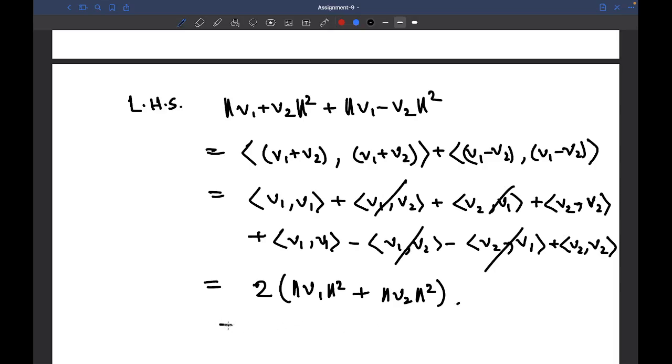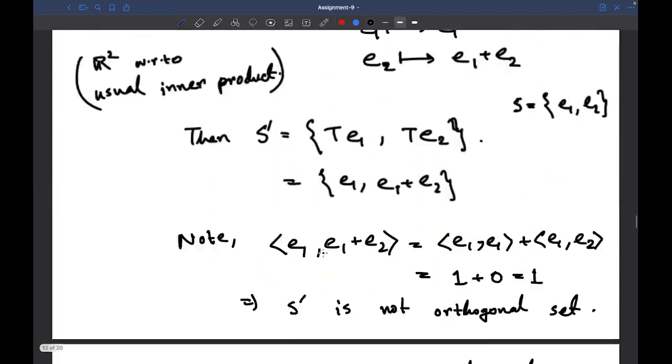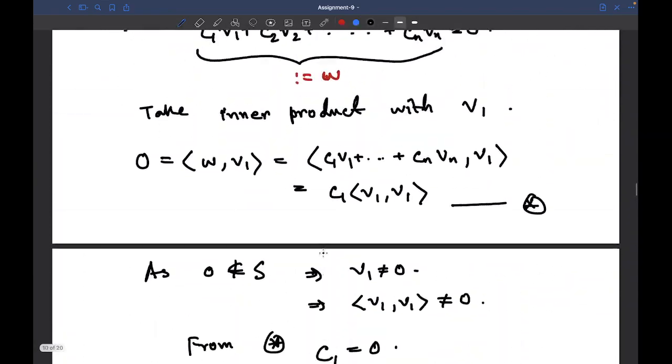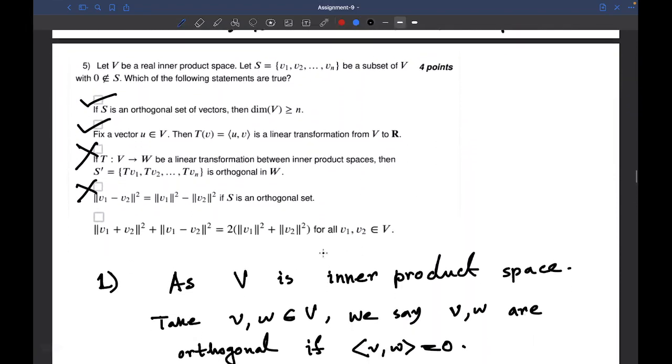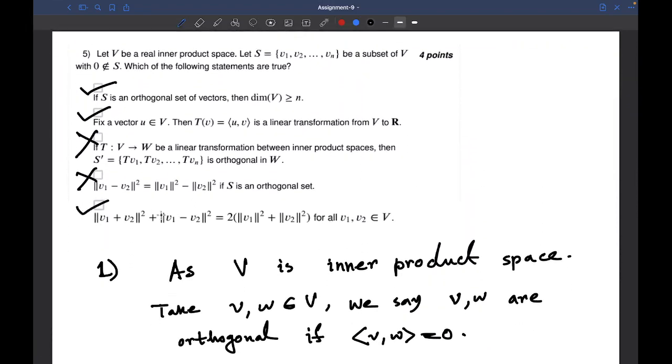This is the RHS, right? So this is what we had to prove. So option number 5 is correct.